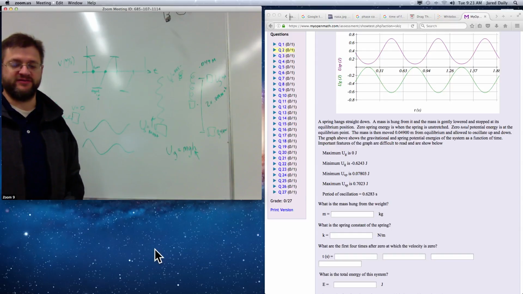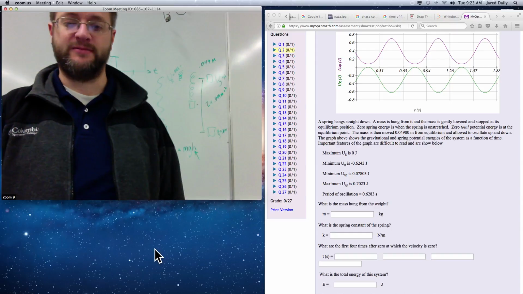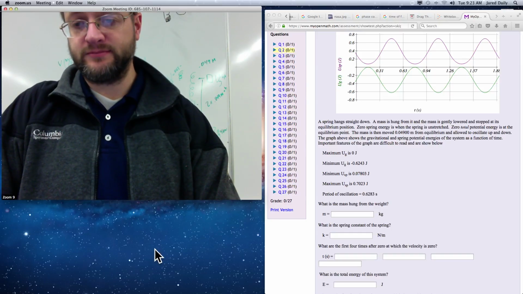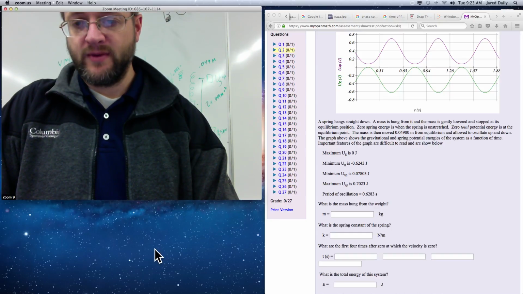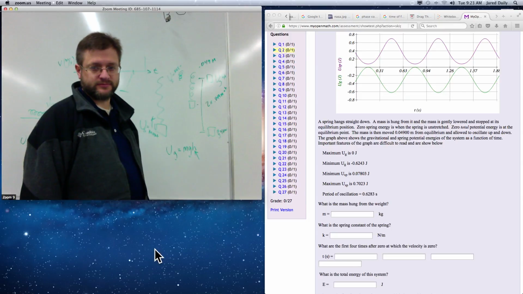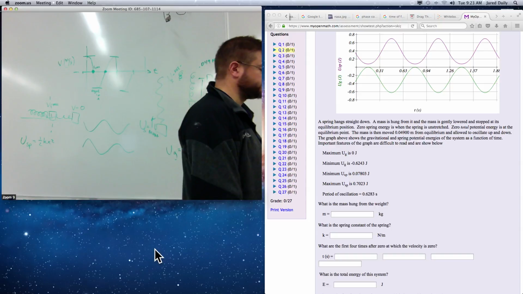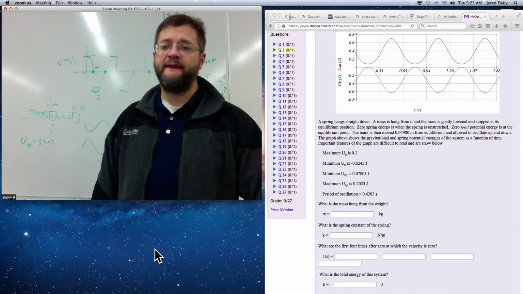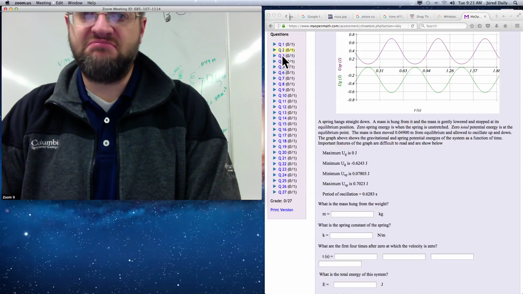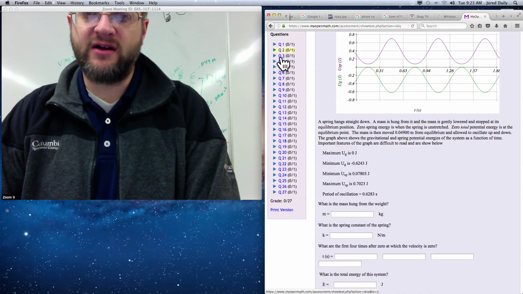You only use half of it, because that's the displacement from the center. And then you calculate your k. So again, a little bit tricky, but nothing very difficult to calculate or anything.